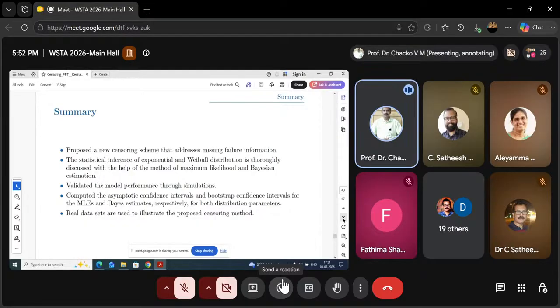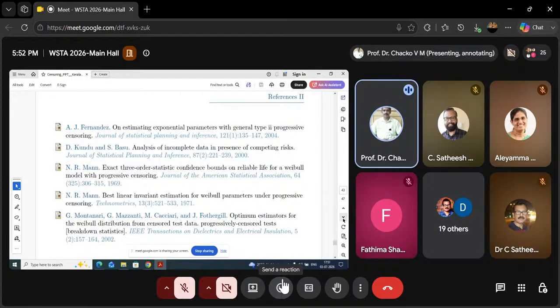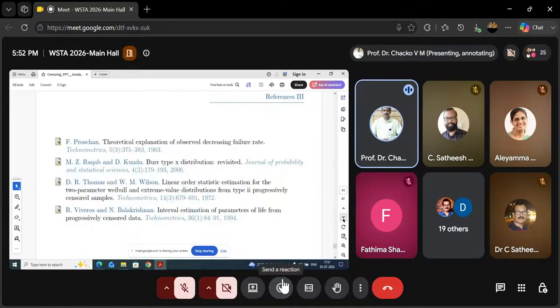Real data sets are used to illustrate the proposed censoring modes. These are some of the references we have used to prepare this paper. This is already submitted for publication. It is under review.